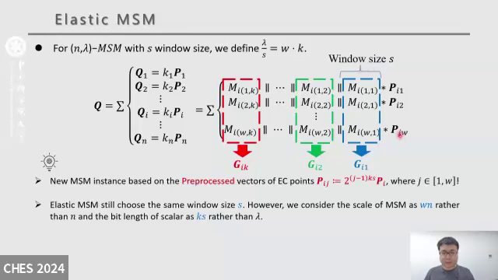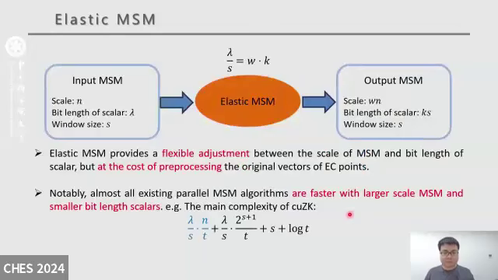However, we consider the scale of MSM as Wn rather than just n, and the bit length of the scalar as ks rather than lambda. So elastic MSM is a modular technique, just like this. It provides a flexible adjustment between the scale of MSM and the bit length of scalar, but at the cost of preprocessing.